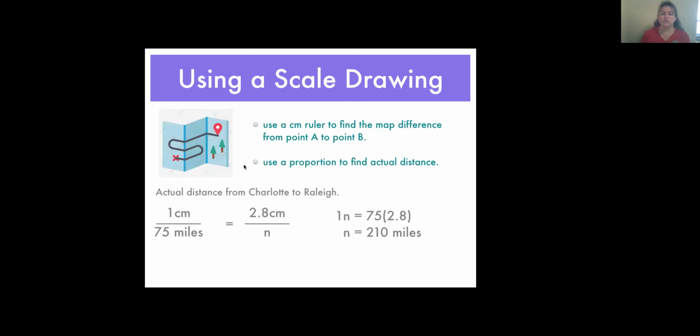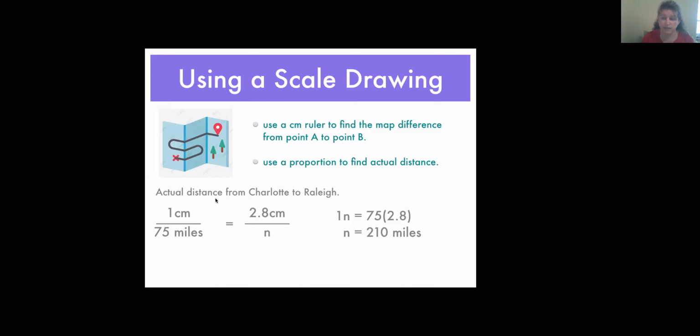You can also use a scale drawing for maps. You're going to use a ruler to find the map distance from point A to point B. In your book on page 260, at the top, there's a picture of North Carolina.